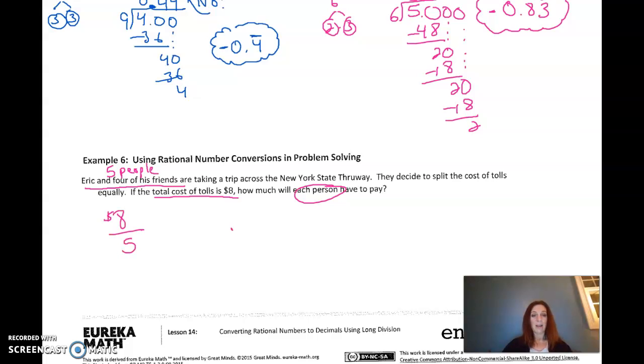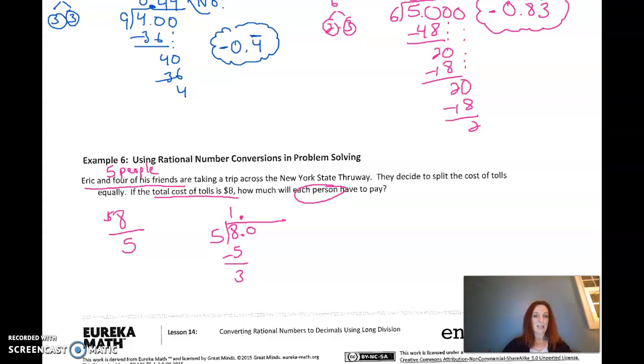So we are going to go 8 divided by 5. Now 5, my denominator here, is a prime number. This is going to be terminating because it only can be broken into 5. 5 goes into 8 one time. 1 times 5 is 5. I subtract and get a 3. Put my decimal point in here. Add a 0.